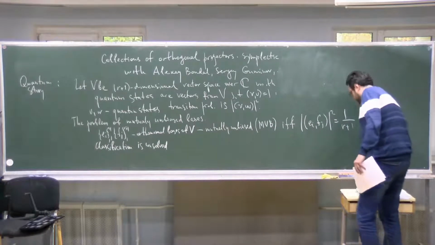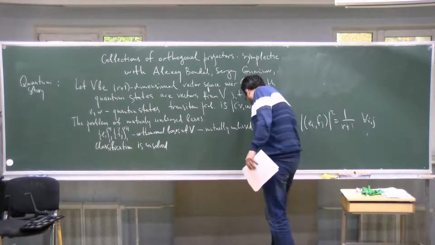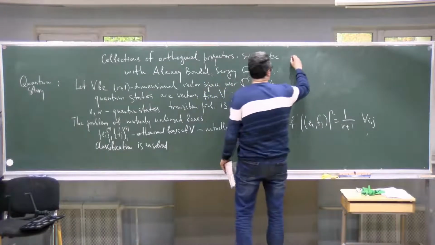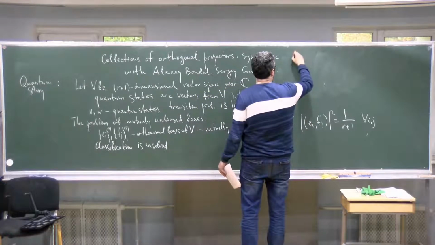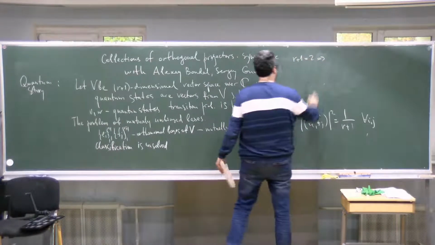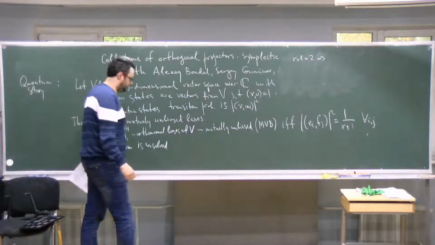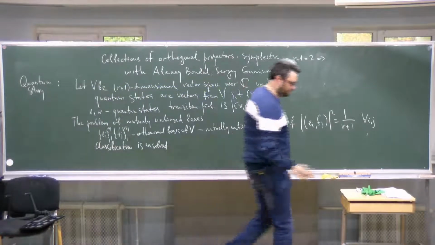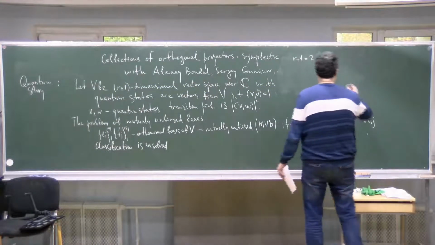So I will recall some partial results. If r plus 1 is 2, then a mutually unbiased basis is unique up to unitary equivalence.